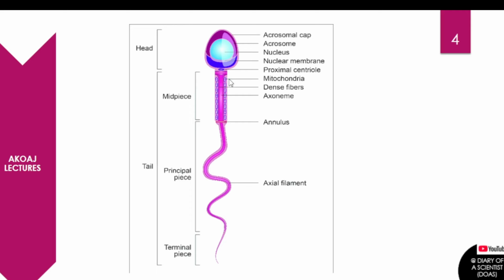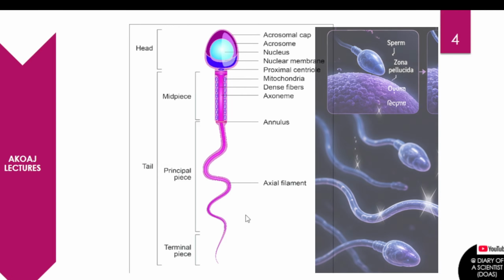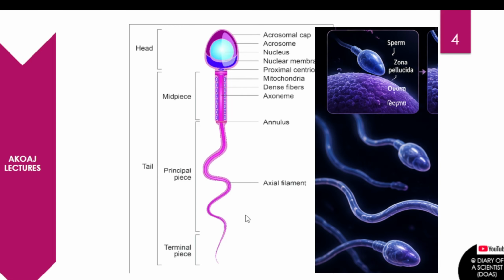The size of the head is about 4 to 5 micrometers long and 2 to 3 micrometers wide, while the tail is about 50 micrometers long. The tail contains hair-like filaments that allow propelling of the sperm through undulation movement.